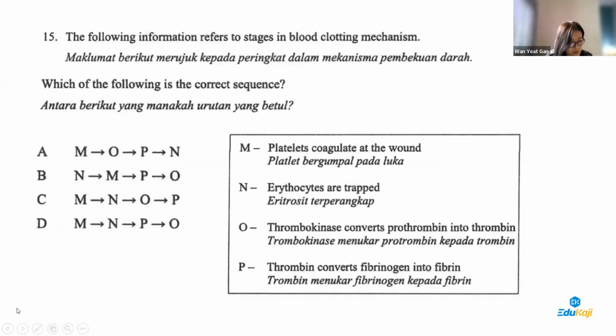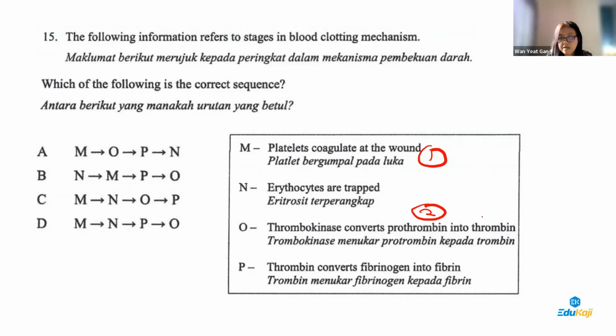15. The following information refers to stages in the blood clotting mechanism. Which of the following is the correct sequence? First, the platelets will coagulate at the wound. Once the platelets coagulate, thrombokinase will convert prothrombin into thrombin.